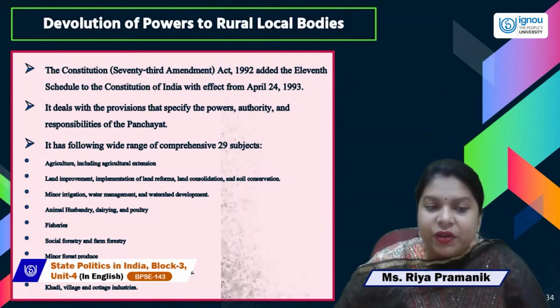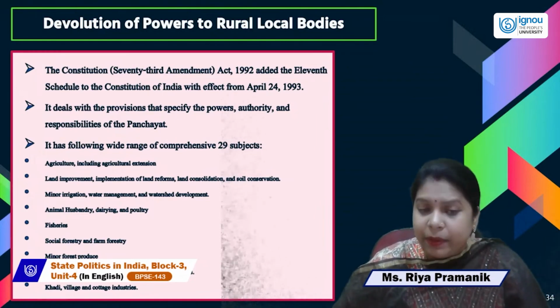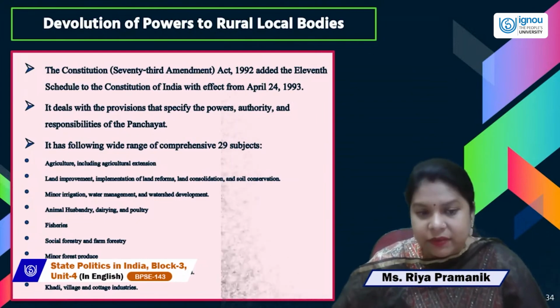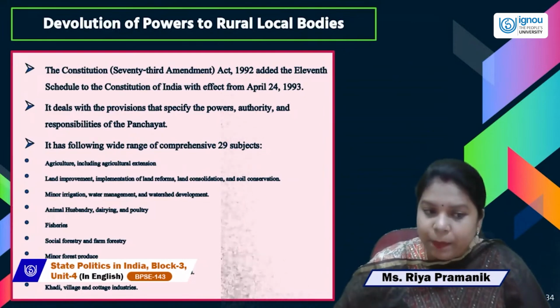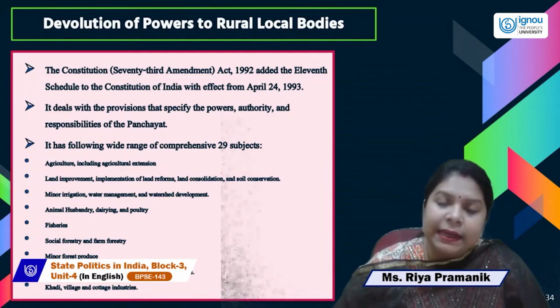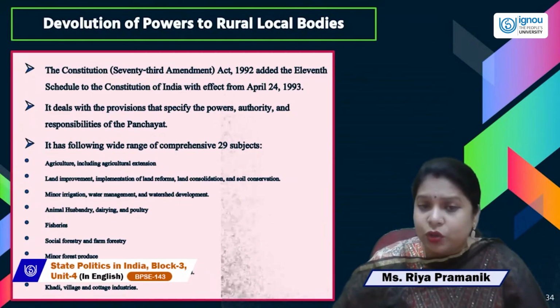That is agriculture, including agricultural extension, land improvement, implementation of land reforms, land consolidation and soil conservation, minor irrigation, water management and watershed development. Also, it talks about animal husbandry, dairying and poultry. Fisheries is also an important point.